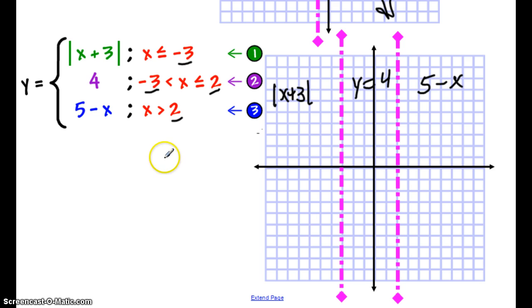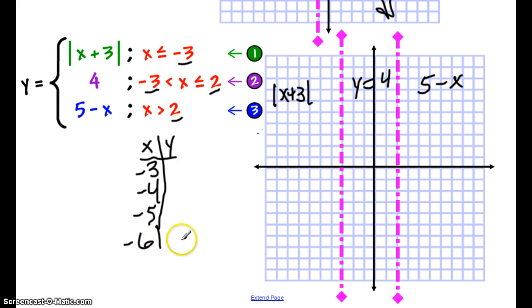Well, again, we're going to have to go ahead and find some values to plug in there and graph this. So let's plug in things to the left of -3, but let's also include -3 to see what happens on that line. -4, -5, and let's just do -6 for fun.